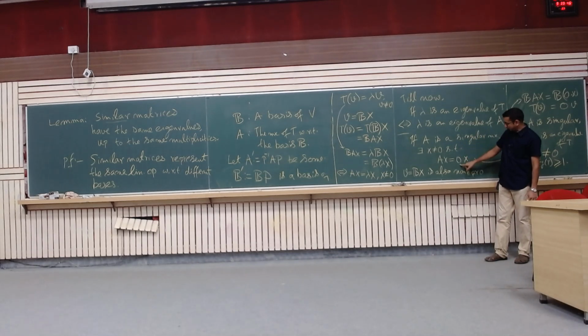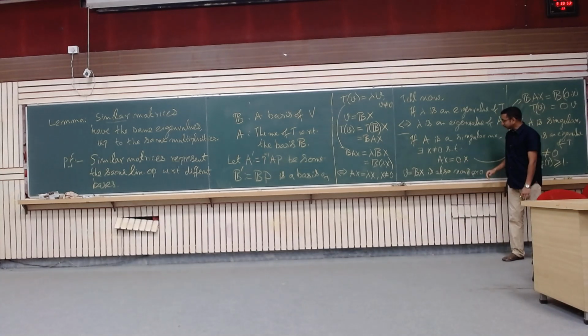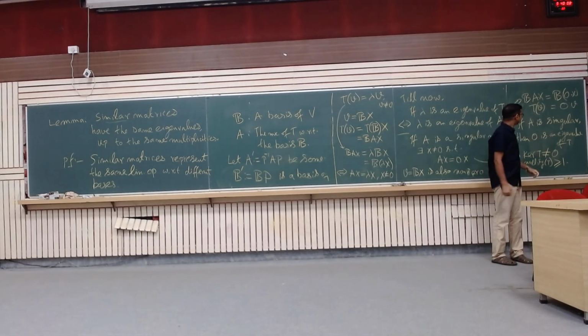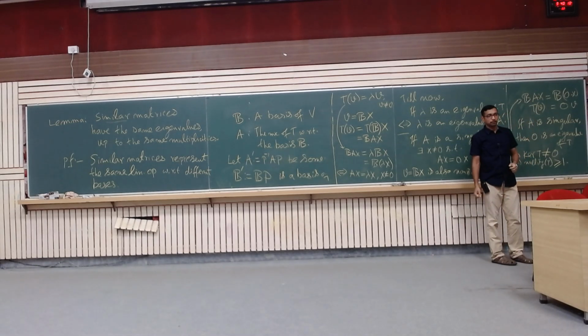Here, you note that this is a scalar, as Avinash just pointed out in this notation, and once we have this one, then you can say that 0 is an eigenvalue of A. We just deduced this, right? If 0 is an eigenvalue of A, it should be an eigenvalue of T as well.